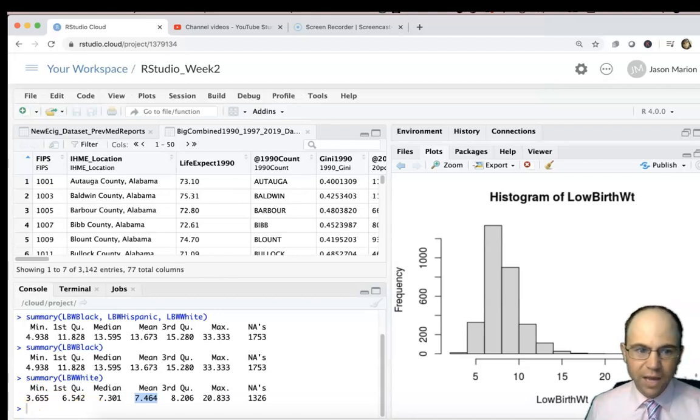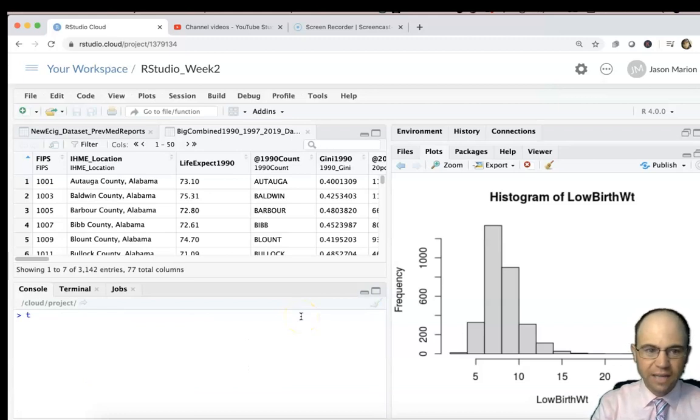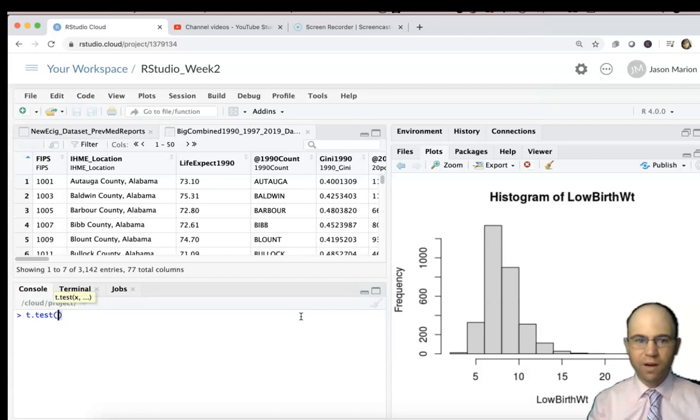some statistical test. So the most common statistical test for comparing two averages is the t-test, and it's pretty easy to do in here. It's just t.test parentheses and then an x variable versus a y variable. And this is the independent t-test, or they're not paired. So this is looking at the average of one group versus the average of the other group.